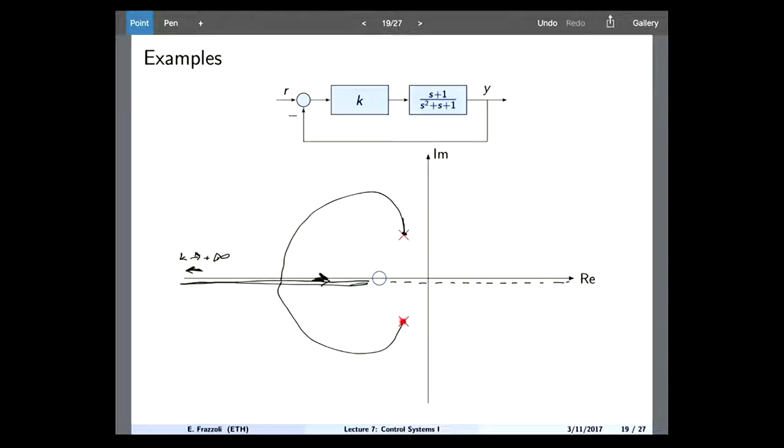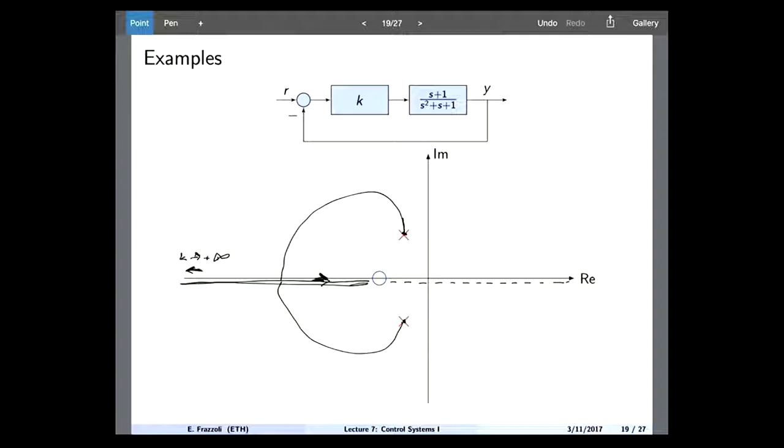Then I know that for k very large, one of the poles will get to the zero, one of the poles will get to negative infinity on this side, right? Then I don't know exactly how they do it, okay? For that, you need MATLAB. You want to use MATLAB.